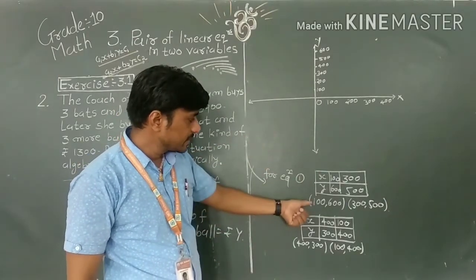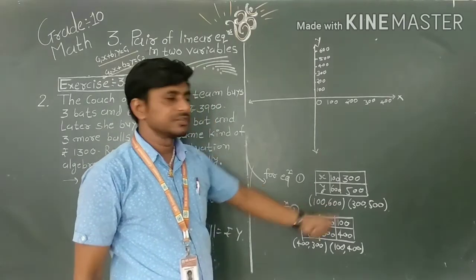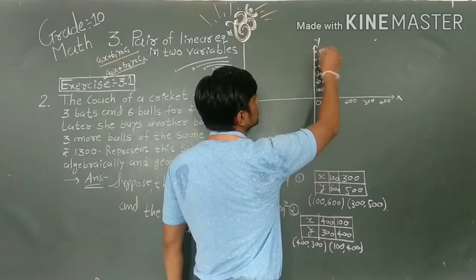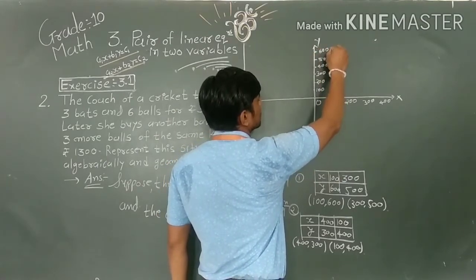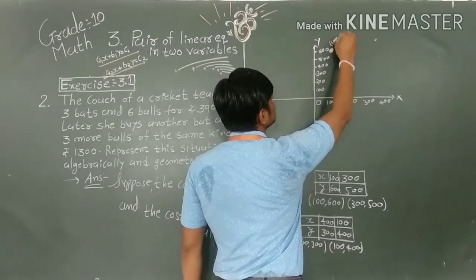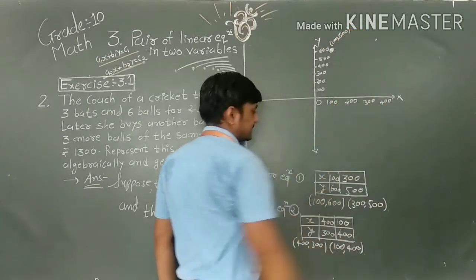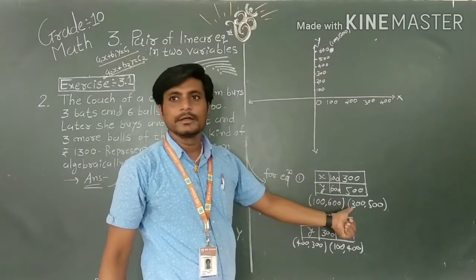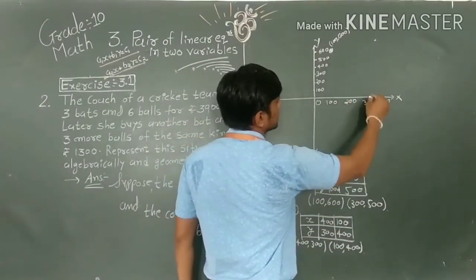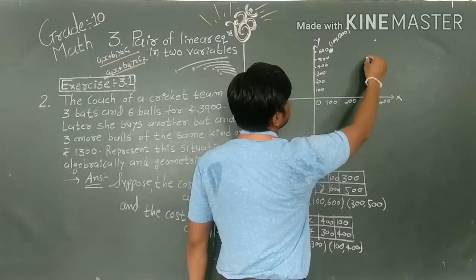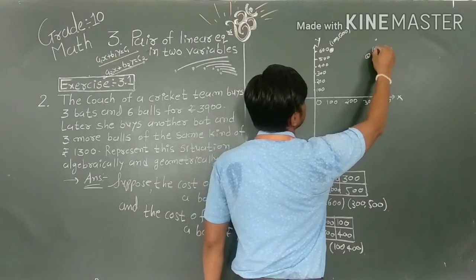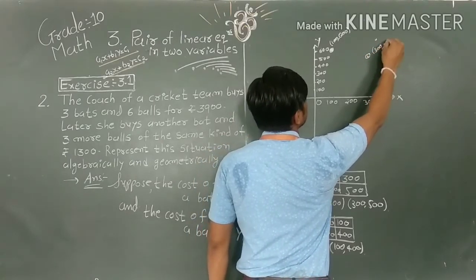Okay. Now what is the point? 100 with 600. Suppose this point is 100 with 600. And the second point, 300 with 500. Suppose this is the point 300 with 500.